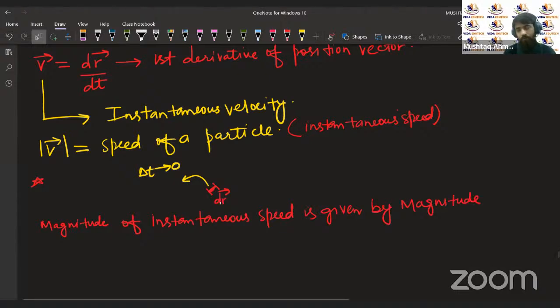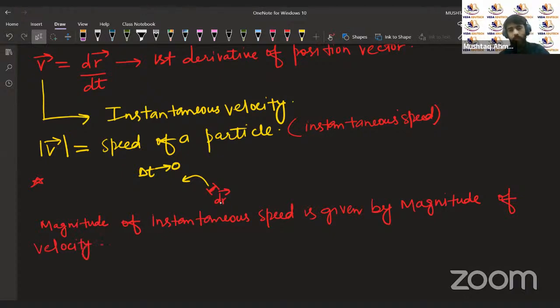So that was about instantaneous speed and instantaneous velocity.